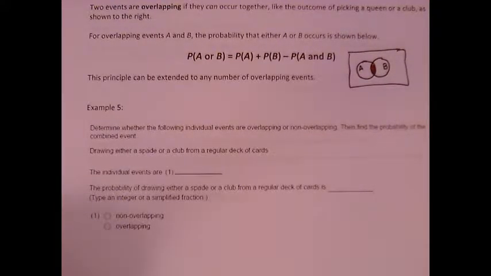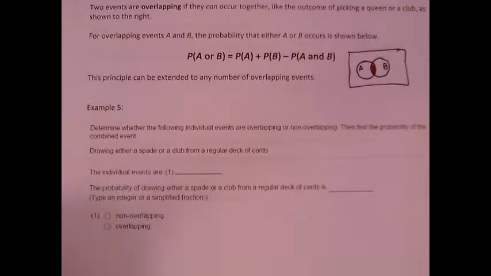Determine whether the following individual events are overlapping or non-overlapping. Then find the probability of the combined event. So here let's say we had this. Drawing either a spade or a club from a regular deck of cards. I want to find that probability. Okay.